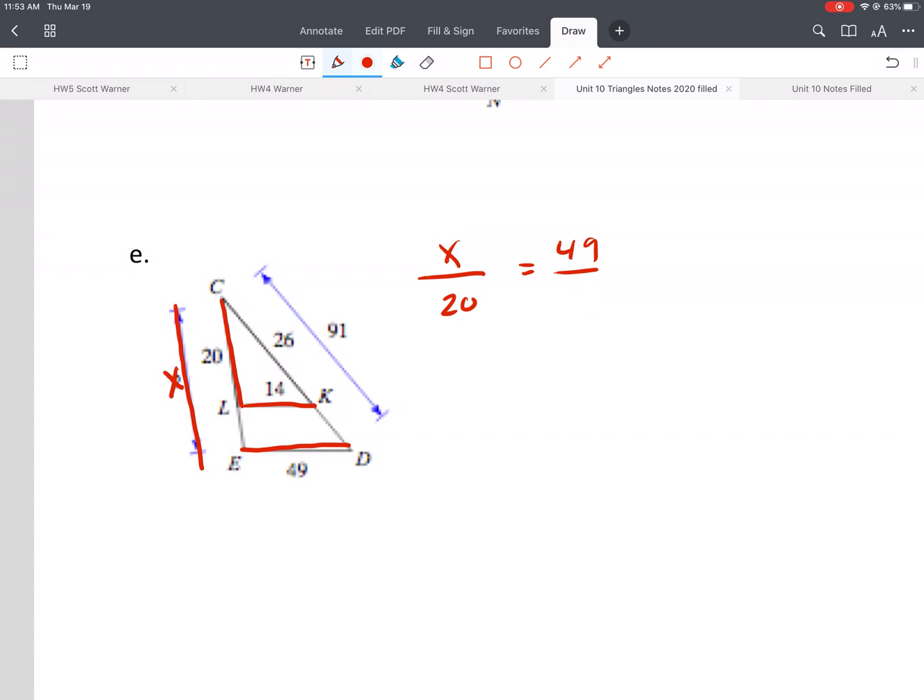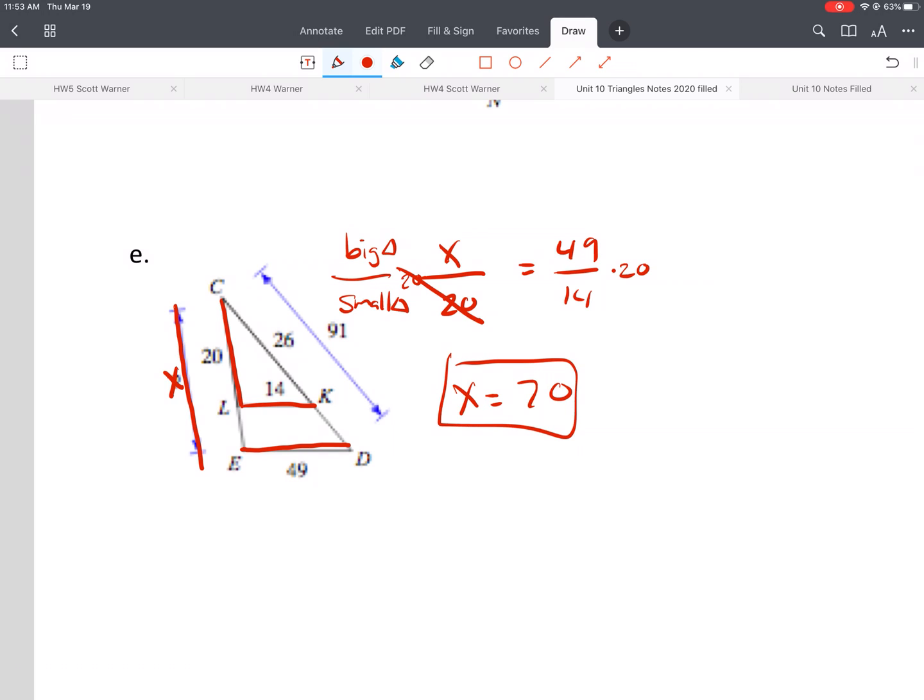So for this situation, we have our big triangle on top of the small triangle. And then we can just cross multiply. Really, you could just multiply both sides by 20. And you'd get x is equal to, and plug that into your calculator. That ends up giving you, well, let's see, 49 times 20 divided by 14 gives you 70.